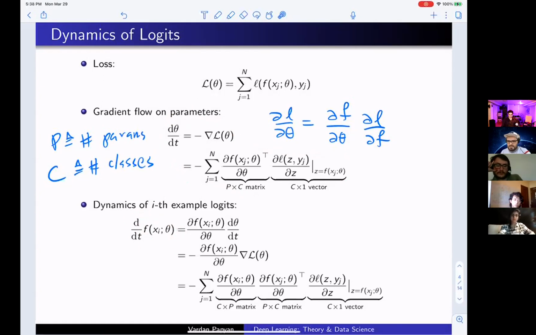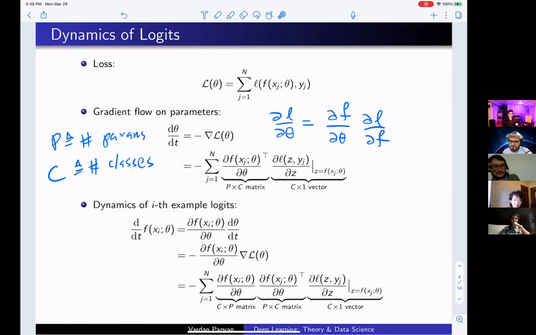Let us calculate that derivative. The derivative of the logits with respect to time is equal to the derivative of the logits with respect to theta times the derivative of theta with respect to time. Does anyone recognize what is this maneuver? What is this sophisticated maneuver here? Do you recognize it? Have you seen it? The chain rule, exactly. Chain rule is the answer to most questions in deep learning courses.